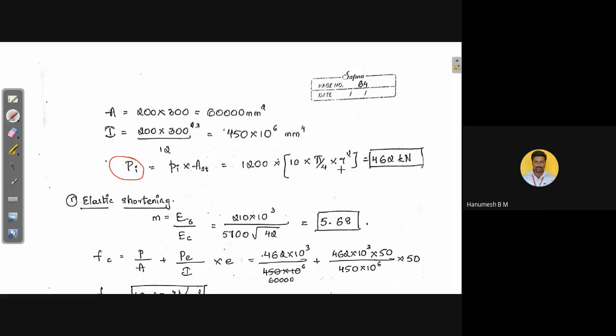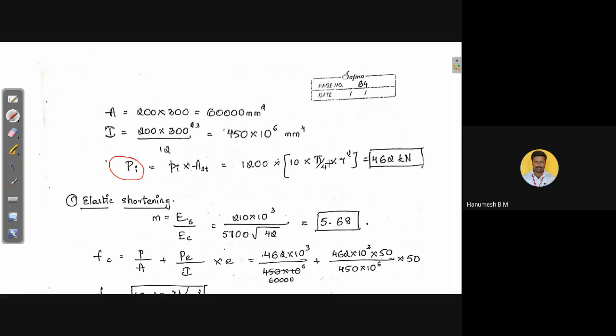The diameter of each wire is 7 mm, multiplied by the number of wires. That will be the area of the steel. Area of the steel multiplied by stress in the steel, 1200, we are going to get the initial pre-stressing force, PI. On simplification, the initial pre-stressing force in the cable will be equal to 462 kilonewton.